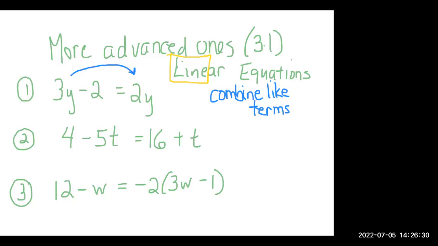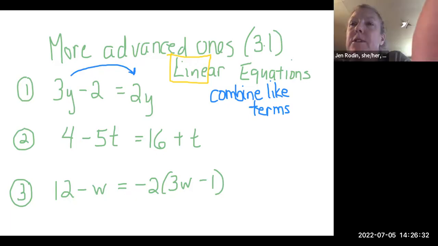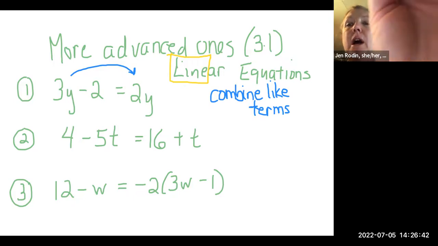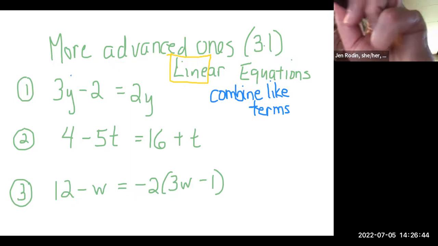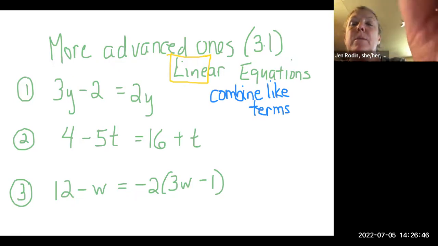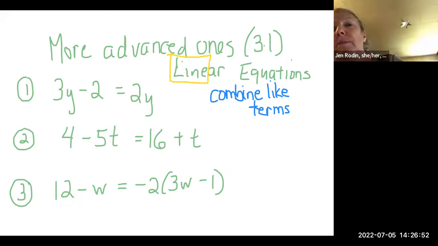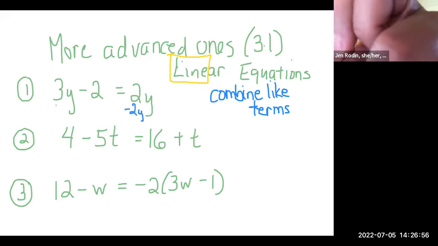The more you practice, the more you'll have really good judgment about these, because you want to do it the most efficient way possible for yourself. You don't want to make it any more work than it has to be. I usually move things around so my variable will be positive, and so I won't make a little sign mistake. That's me personally. So I normally would take away 2y from both sides.